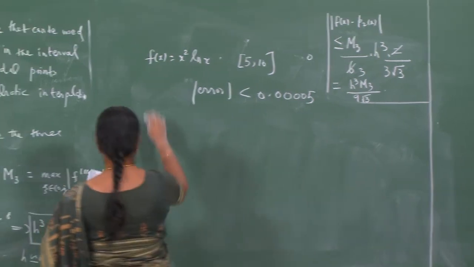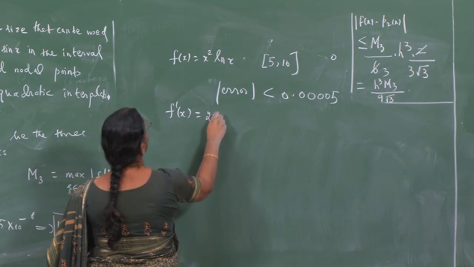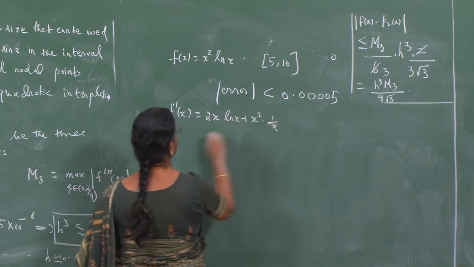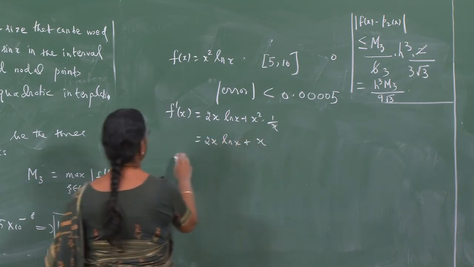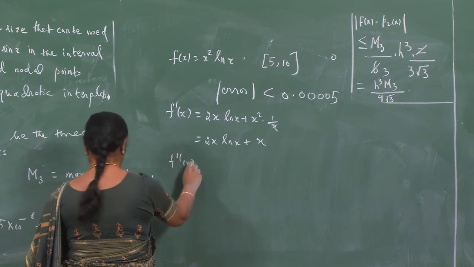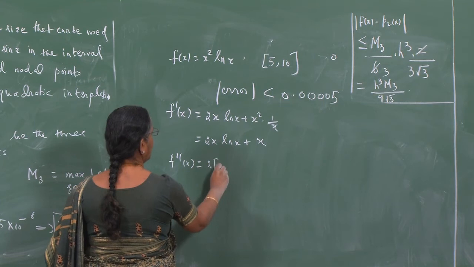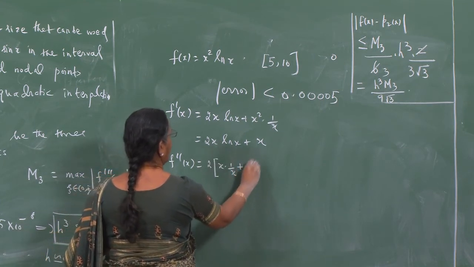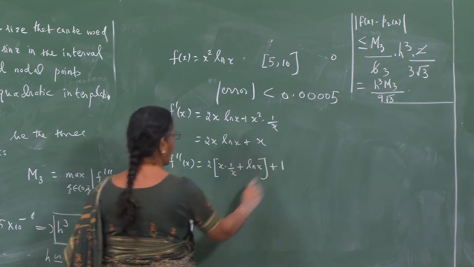So, what do we want? We require f dash of x, that will be 2x into log x plus x square into 1 by x. So it is 2x log x plus x. We require f double dash of x. So it is 2 into x into 1 by x plus log x into the derivative of x, plus 1.